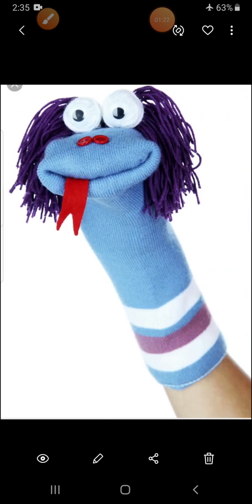Can you see here? This is a kind of puppet where these wooden toys are attached through strings. And there is this type of puppet also where you insert your hand in that piece of cloth and then you enact whatever you have to.